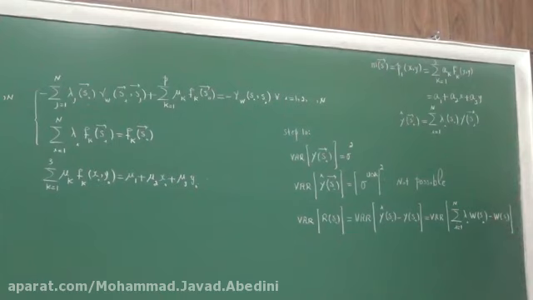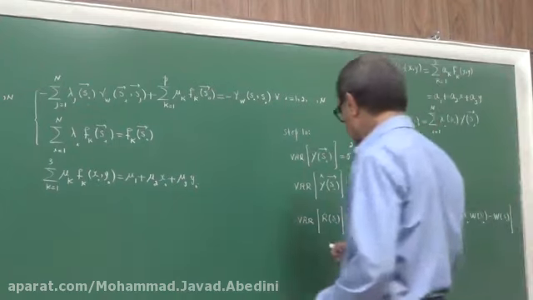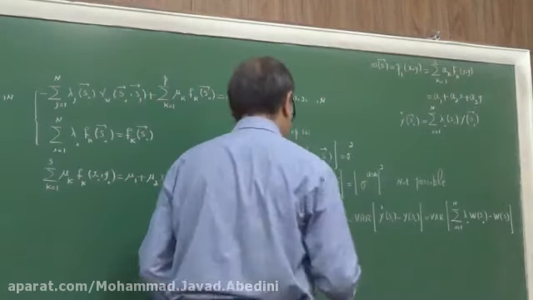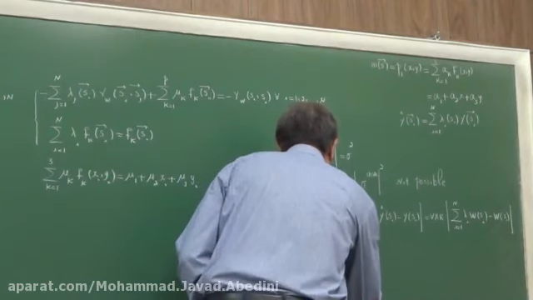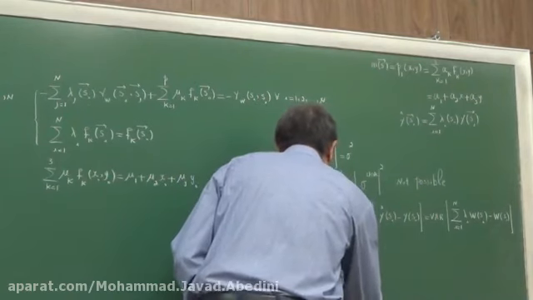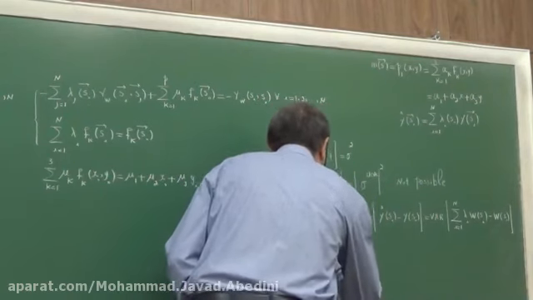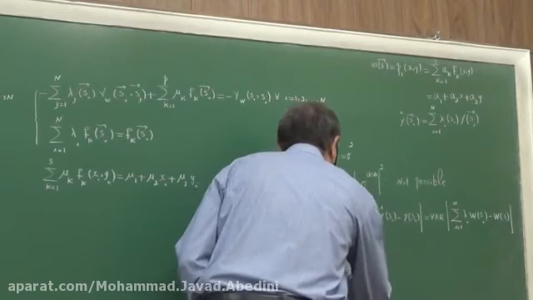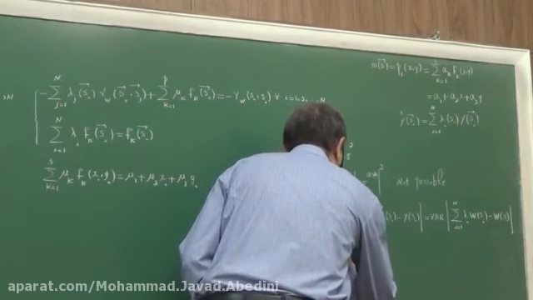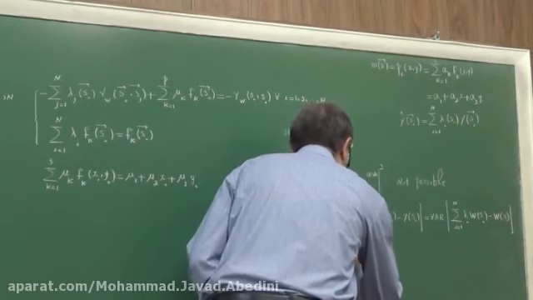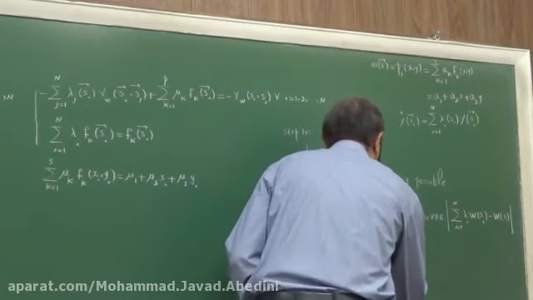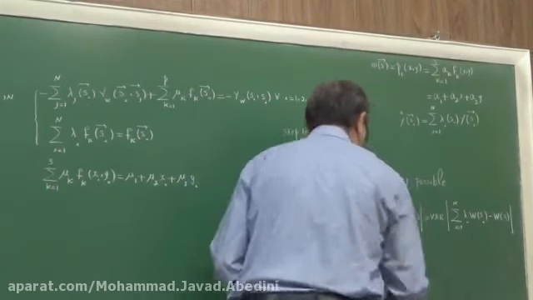And then you can simplify this, writing it as summation i from 1 to n, summation j from 1 to n lambda i lambda j r of W Si Sj.